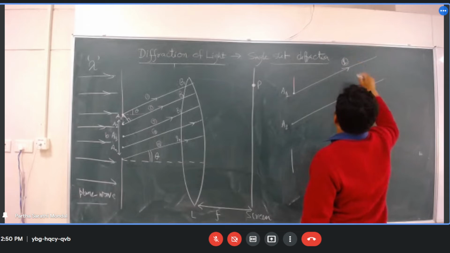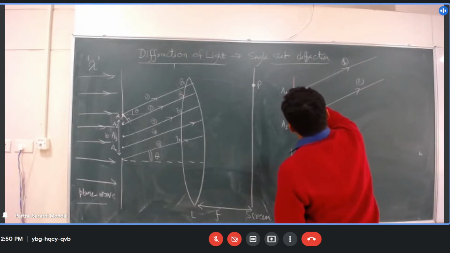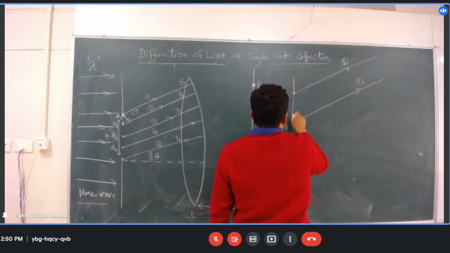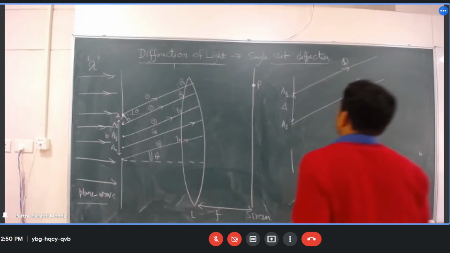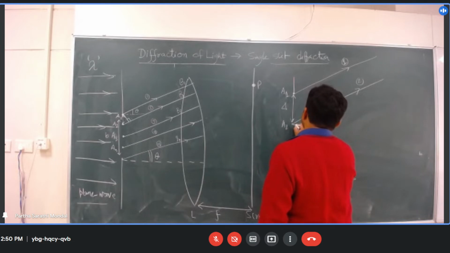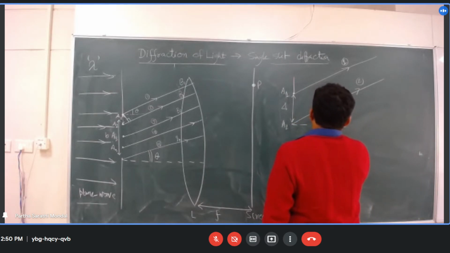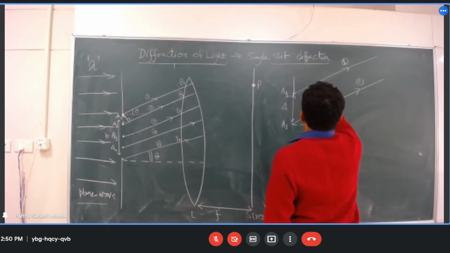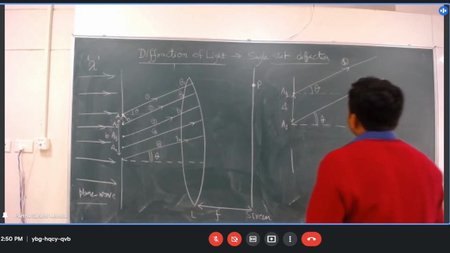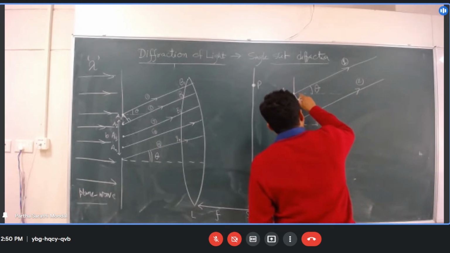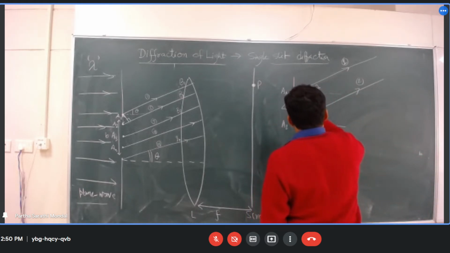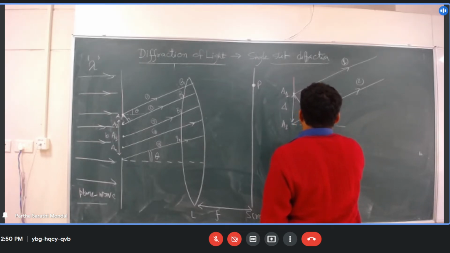We know that the spacing between two consecutive points is delta, and this angle is theta, and this is also theta. Now if I draw a perpendicular from here, let's say the foot of the perpendicular is A2 dot.